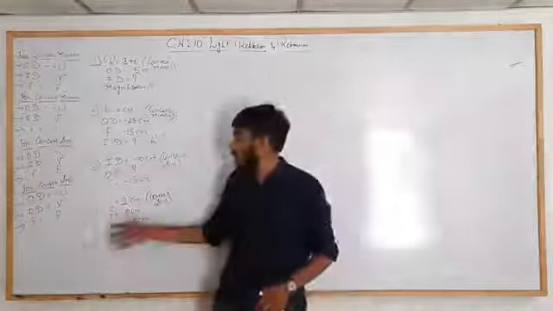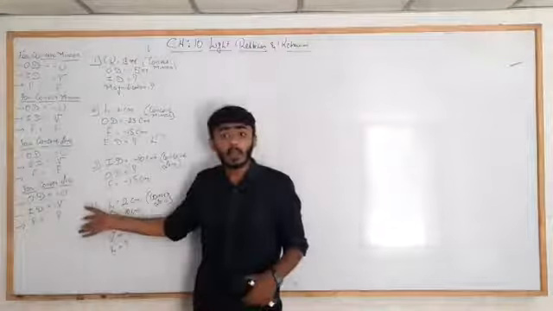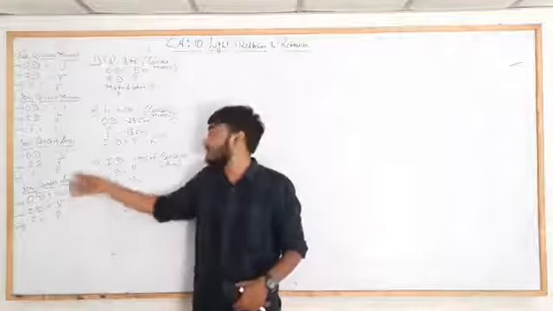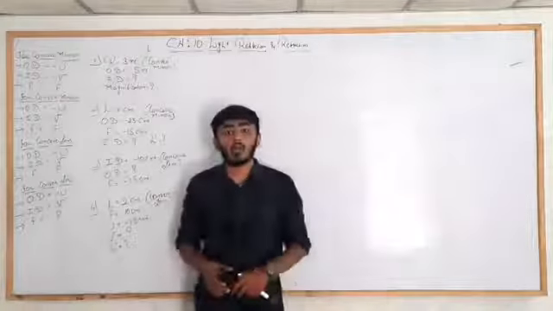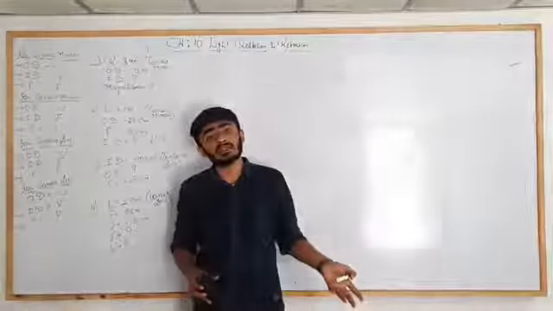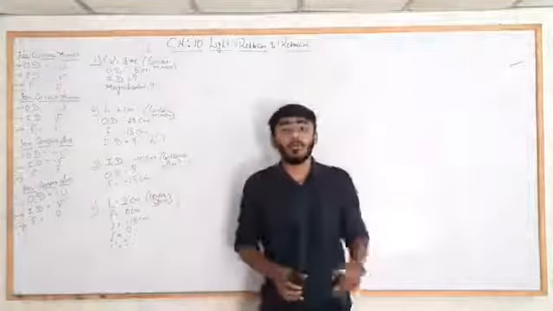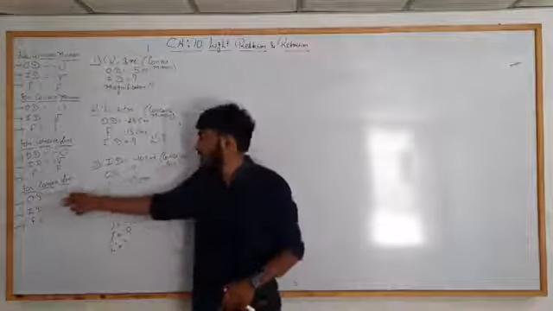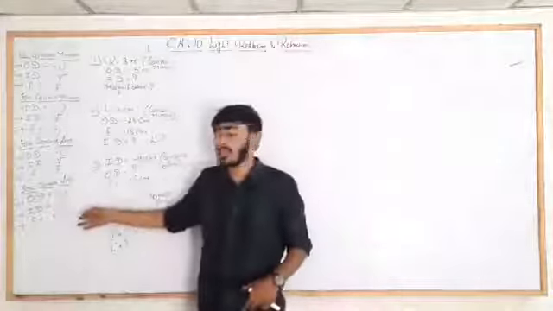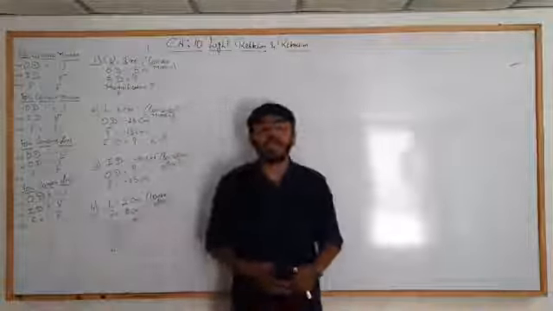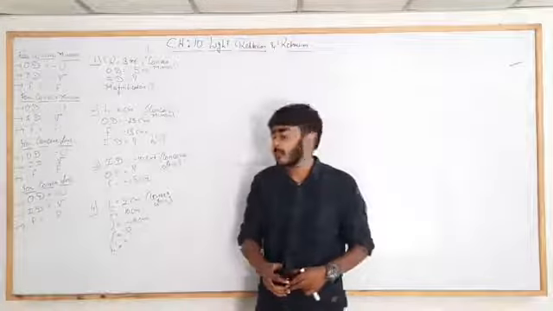The next thing is about the convex lens. Now, the convex lens is also the same as that of the convex mirror. Except for object distance, everything will be positive. So over here, object distance is minus U, image distance is V, as well as the focal length is F.